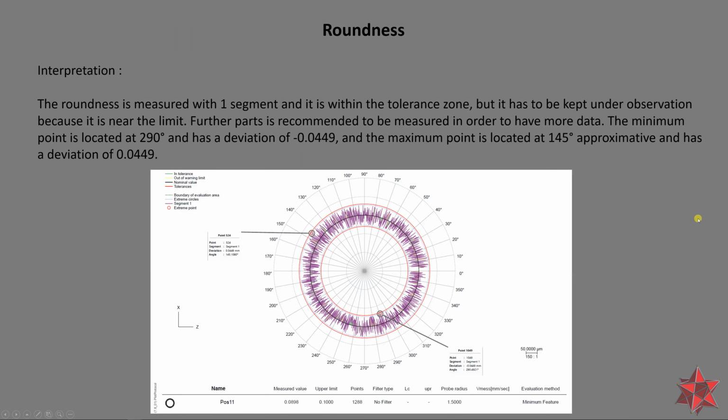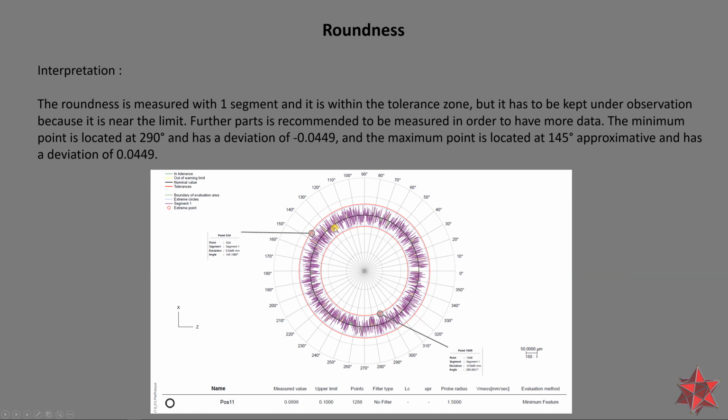The roundness evaluation has its own legend with represented colors, as we can see here. The usual intolerance, out of warning limit, nominal value, tolerances, so we can find it right here. Intolerance we can see is right here represented.